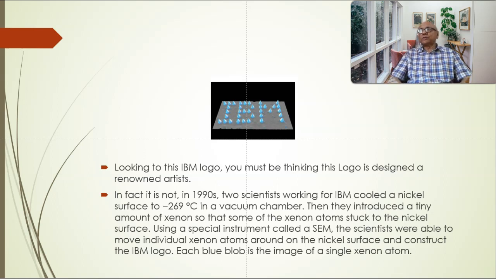Using a special instrument called a scanning electron microscope, scientists were able to remove individual xenon atoms around the nickel surface and made this logo. This is a tremendous improvement of the techniques we use nowadays.